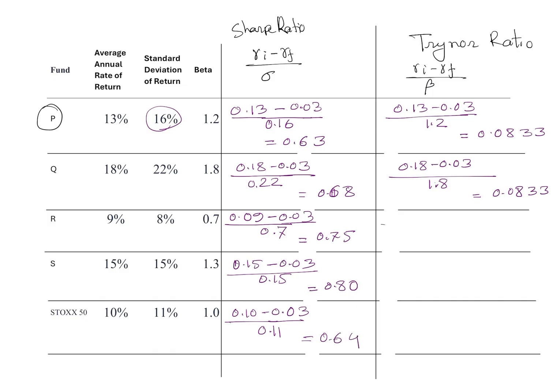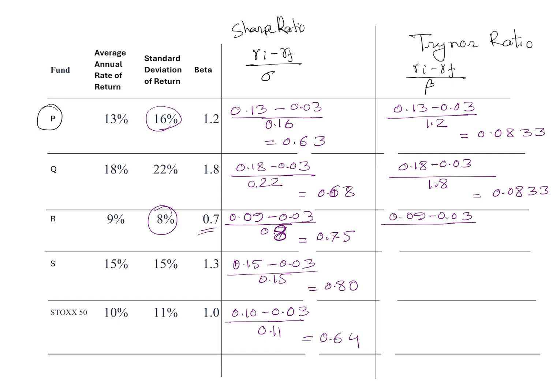Let's look at the same for R. The top is the same value, and the bottom part will change. So what's the value of beta? Oh, my bad, this is 8%.